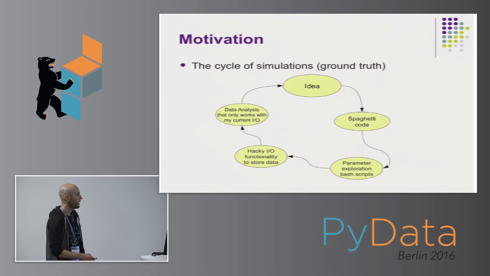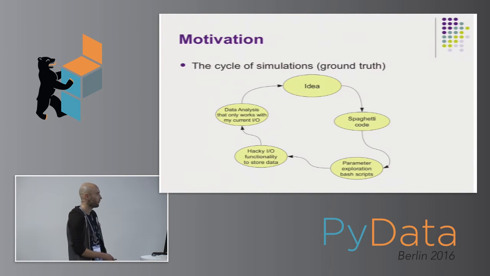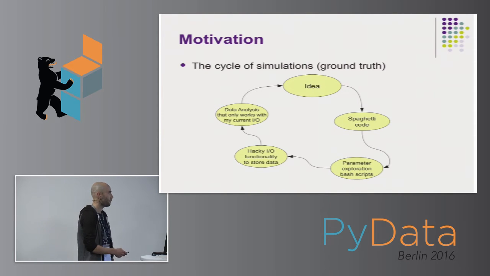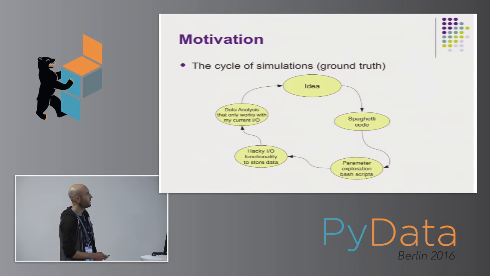Then you end up with, I don't know, hundreds or thousands of files, which you later on need to analyze. So you write some other hacky I/O that somehow reads your data, and you can then make some nice matplotlib plots with it, and see if your idea worked out, and maybe not. So you write some more spaghetti code, and you go in this cycle.